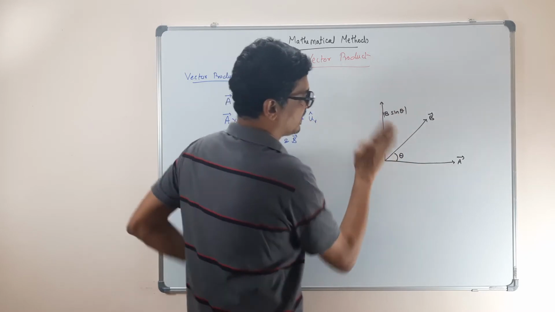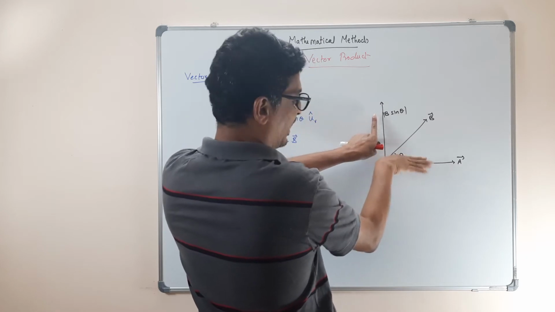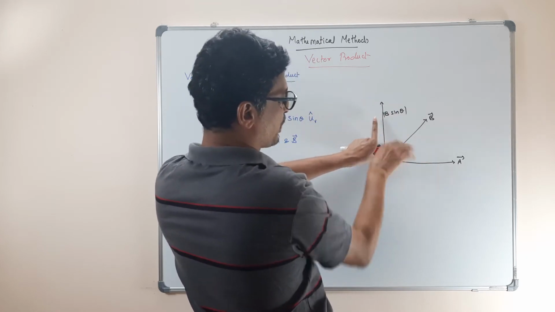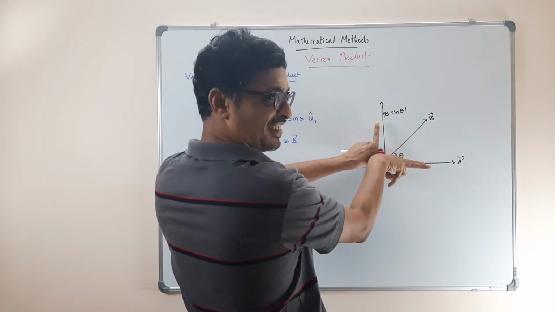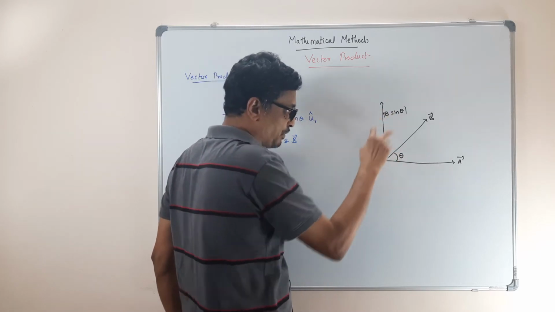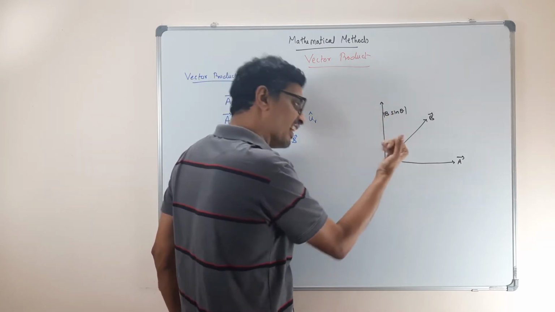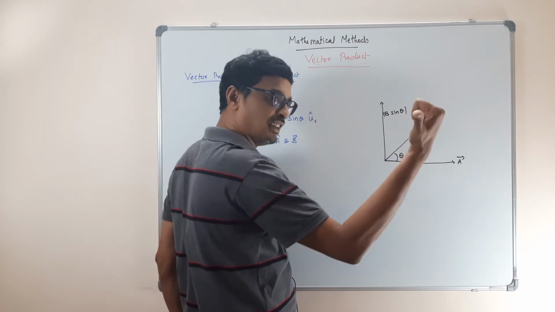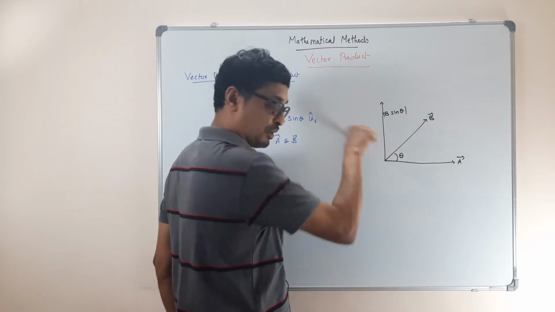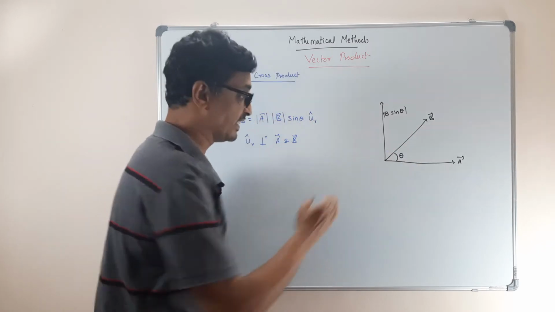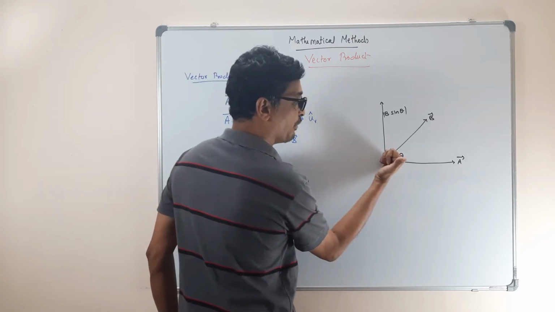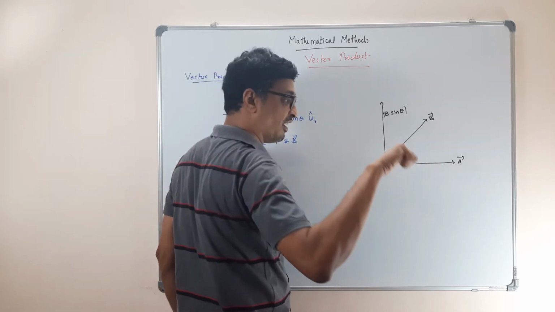Now this and this are perpendicular, so they should be mutually perpendicular vectors. You multiply the magnitudes which are perpendicular to each other, and that is the magnitude of the cross product vector, coming out or going down. Now what is the direction? When I say it's perpendicular, it can be outwards or inwards.